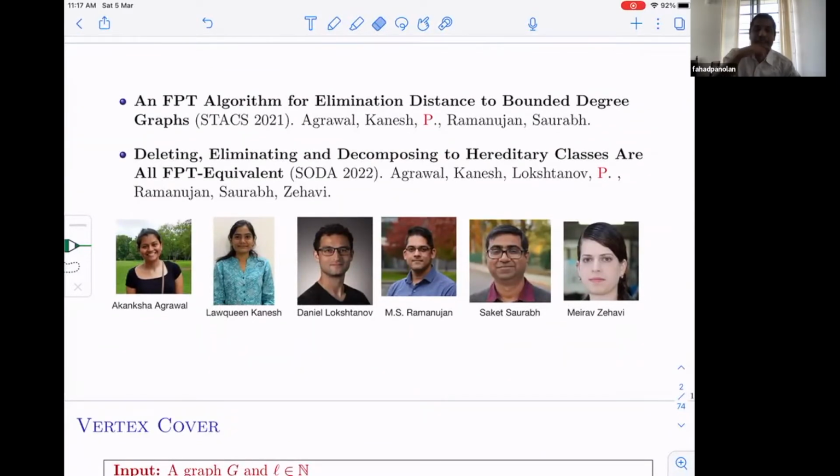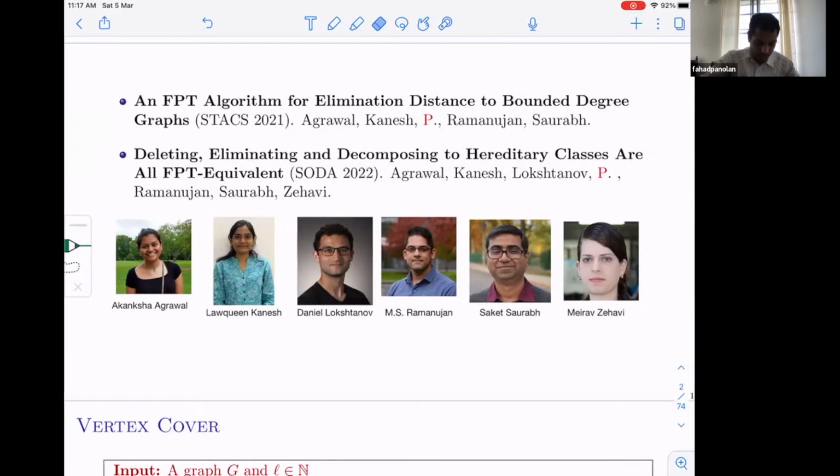Yesterday we defined this elimination distance and then talked about an algorithmic problem, and we stopped midway. Today, we will recall some of these things so that you will all be in sync with what we are doing. And before that, I will give you a bit more intuition, or a bit more motivation, towards elimination distance. Okay, and then we will move on.